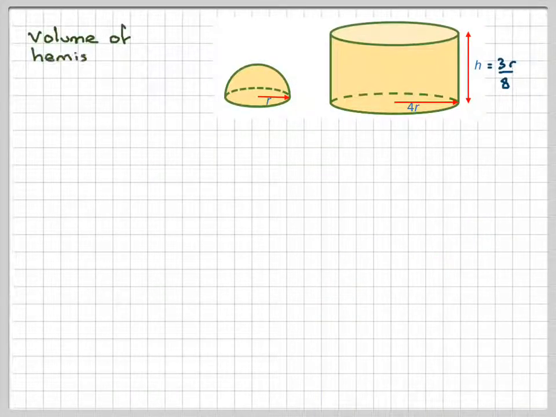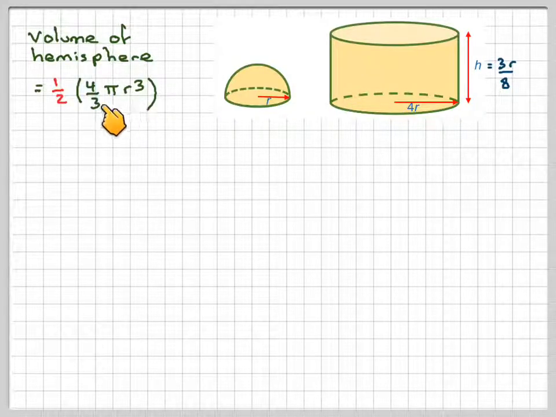The volume of a hemisphere is 1/2 of 4/3 pi r cubed. This is the volume of a sphere. We want half of it, so that's going to give me 2/3 of pi r cubed.